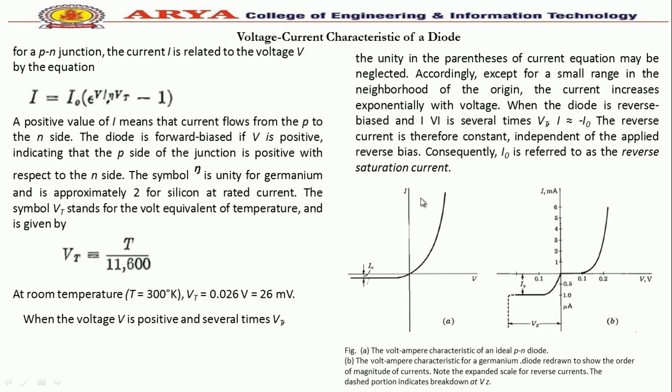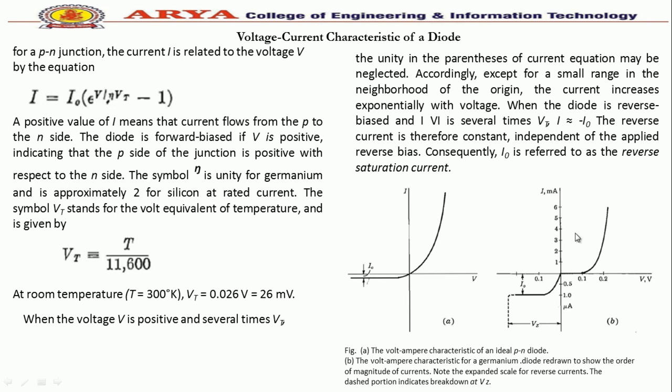In this diagram, we can see that we are having two different cases. In the first case, we can see the volt ampere characteristic of an ideal PN diode, where the current increases exponentially from the origin, and in reverse bias we get the value of I0. Figure B shows the voltage characteristic of the germanium diode redrawn to show the order of magnitude of the currents.